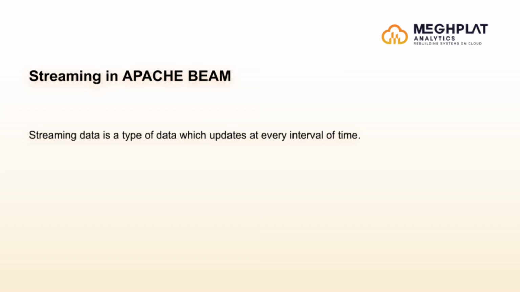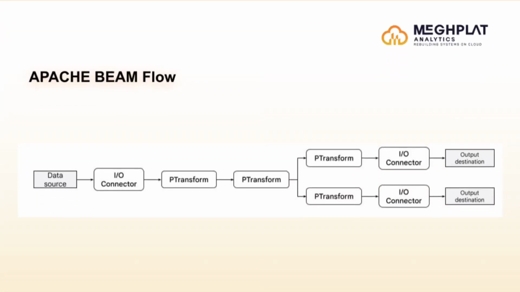Streaming data is a type of data which updates at every interval of time. That interval can be anything, like every 1 second, every 1 minute, 1 hour, or 1 week, etc. This type of data is used in many real-time applications like the stock market, which changes and updates data every 1 second.